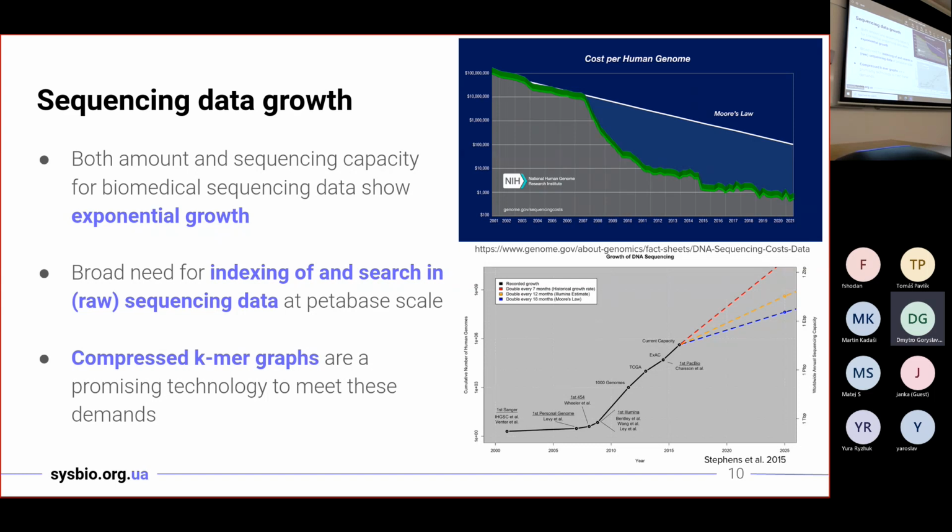Just for comparison, the entire human genome length is about 3 billion base pairs. So that's a scale of 10 to the power of 9. That means there is really a large amount of data. And one of the promising approaches to meet these demands is to use compressed K-mer graphs.